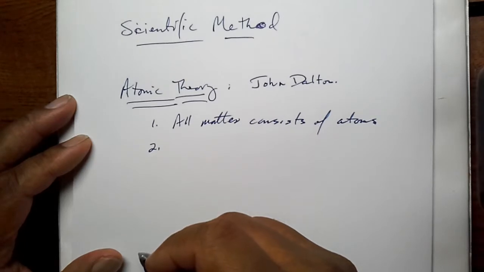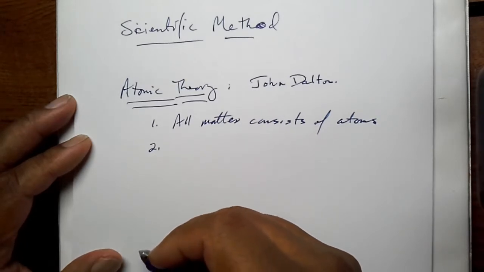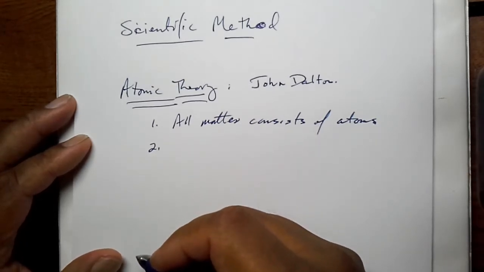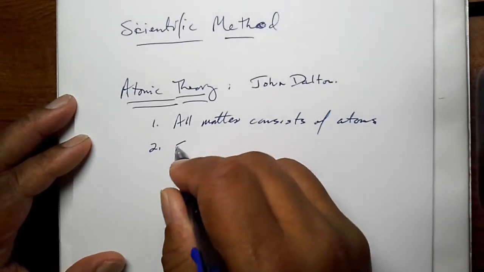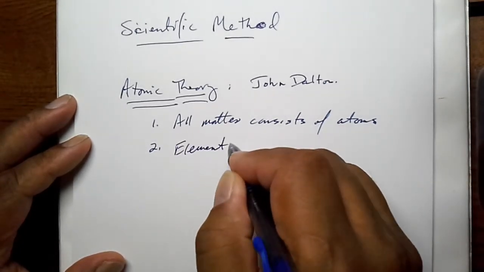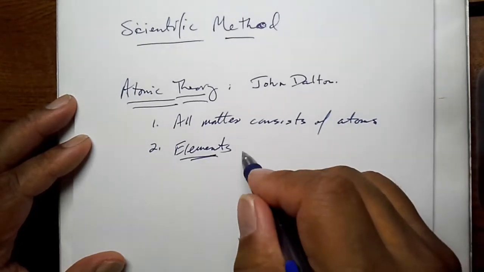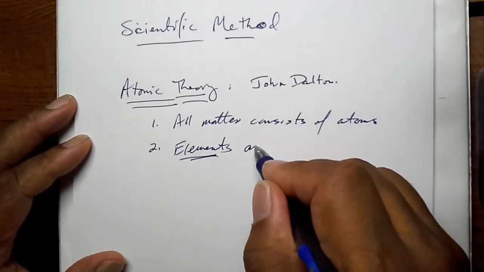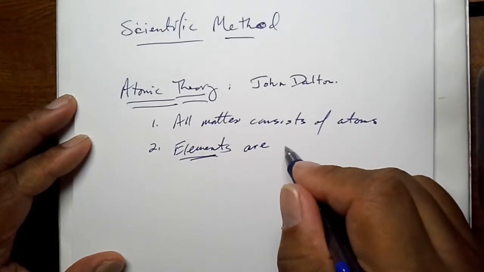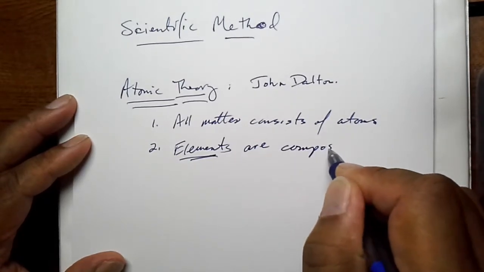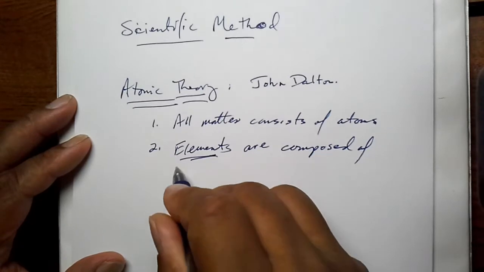The second part of his theory is that elements are composed of billions. Elements, talk about elements in the periodic table, are composed of billions.